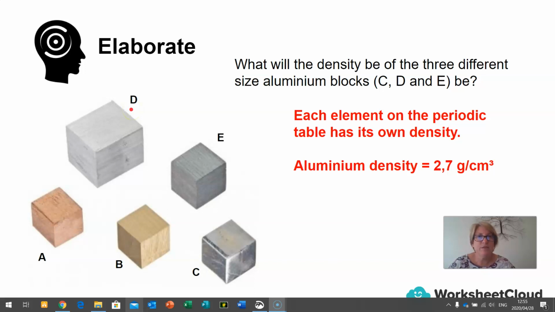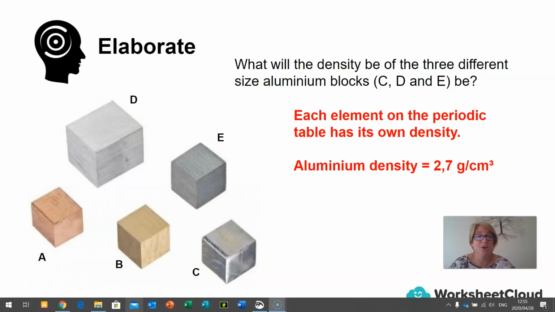Well, each of these blocks is made up of the same substance, and that is the same element, aluminium, that we find on the periodic table. So it shouldn't matter how big a block is, or how small a block is, or what the mass is, or how much volume it takes up.